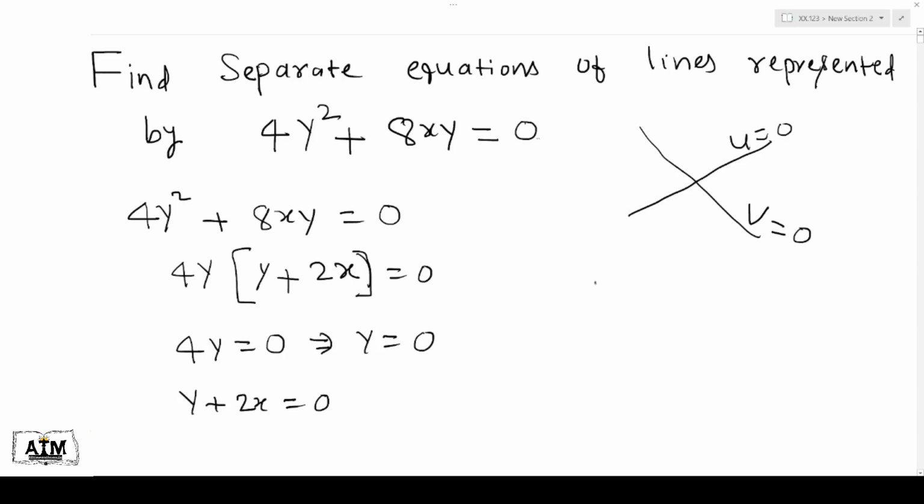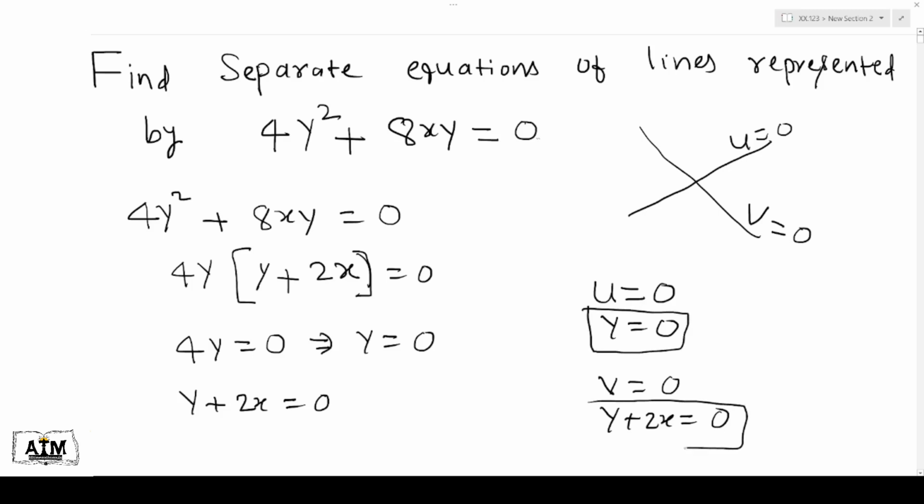Therefore, the separate equation of the first line, u equals 0, is nothing but y equals 0. And the second equation, v equals 0, is nothing but y plus 2x equals 0.